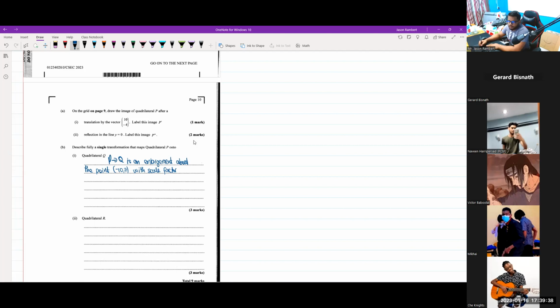Positive. Why? Because the scale factor is more than 0. The image and the object are on the same side of the center of enlargement. That's right. Image and object on the same side of the center of enlargement.